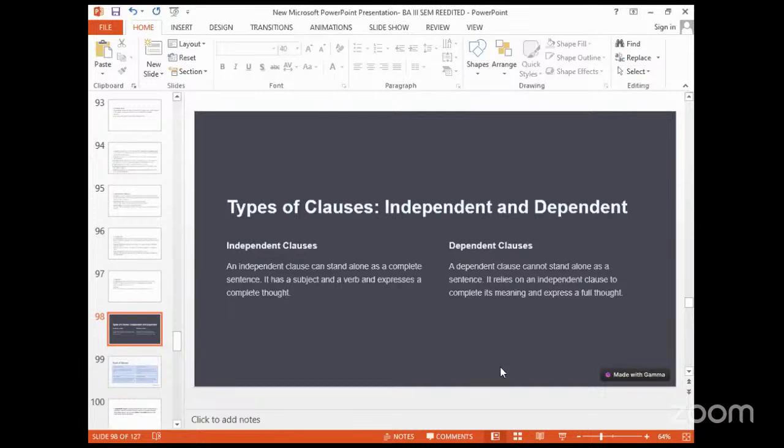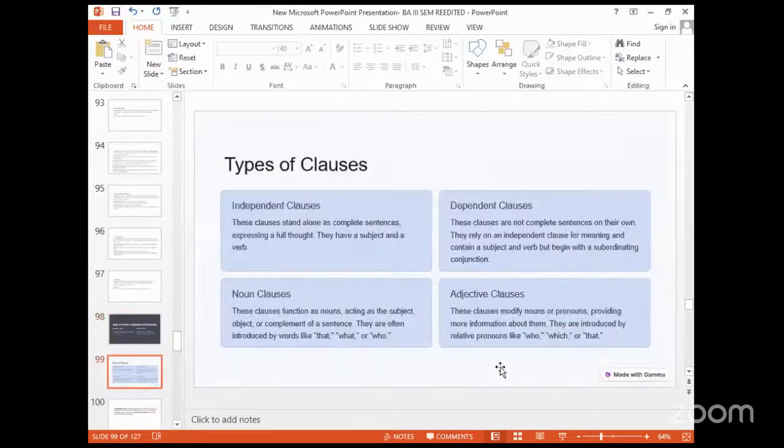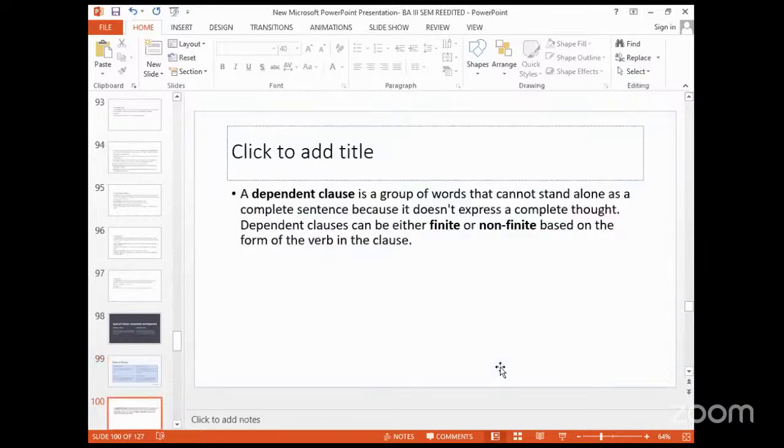A dependent clause cannot stand alone as a sentence. It relies on an independent clause to complete its meaning. Just like phrases, you also find clauses like noun clauses, adjective clauses, adverbial clauses, and so on.